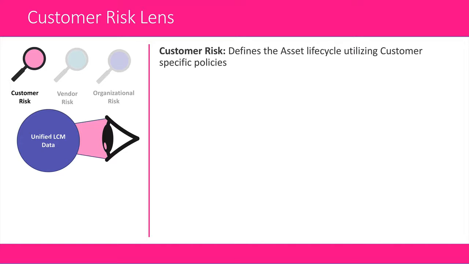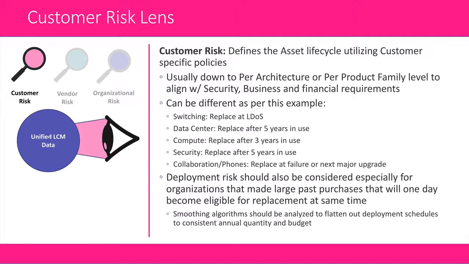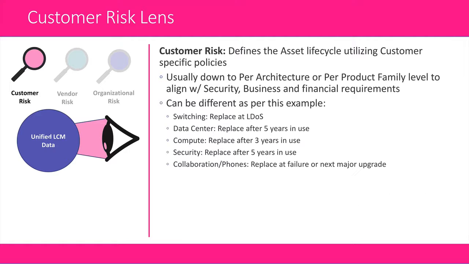With the customer risk lens, what we're doing is looking at our unified LCM data, which represents our Cisco products and solutions, and assessing them as it relates to customer-specific policies. Usually, this is done at an architecture or a product family level, and it could well be aligned to security, business, or financial requirements. And we can look at it from different perspectives.